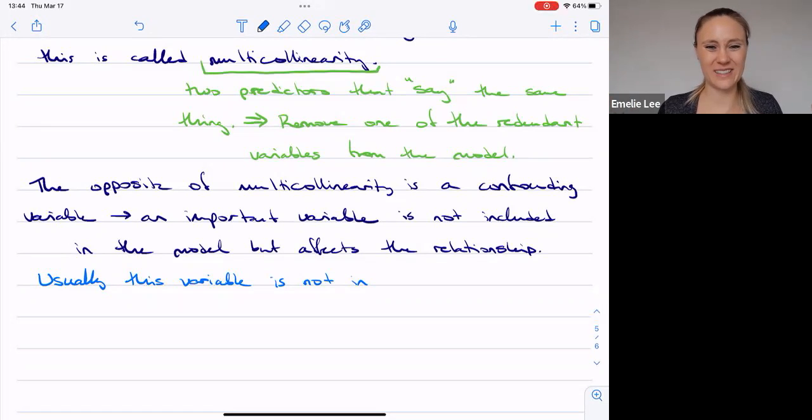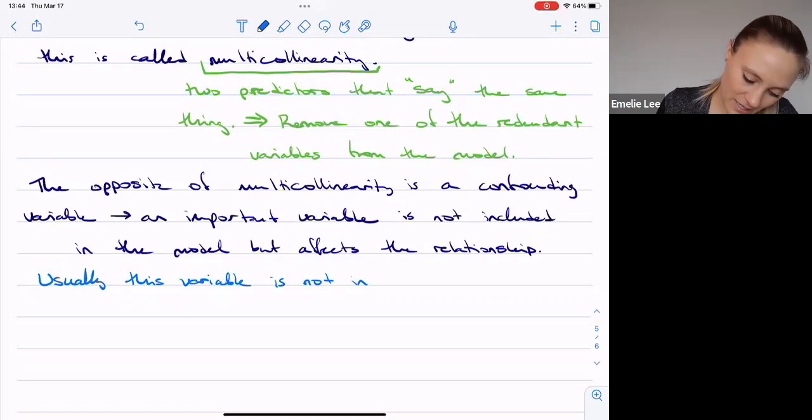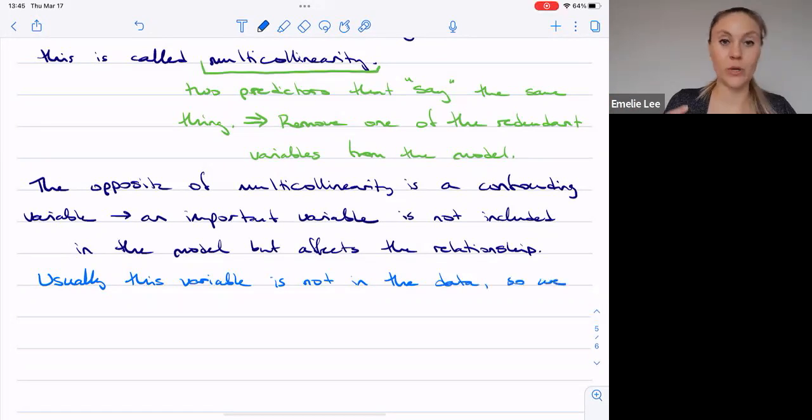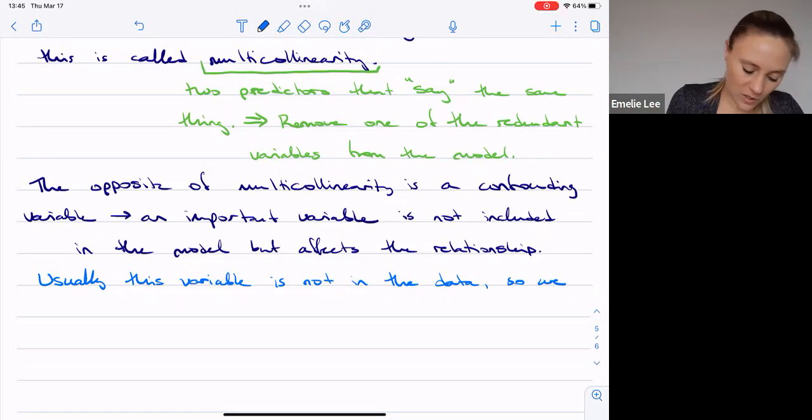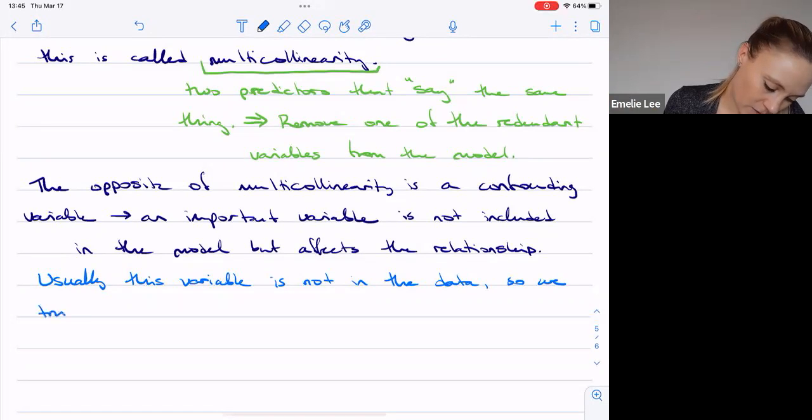And so that's usually not the case. So we would try to find a substitute, try to track down that data, but that's not likely, right? So we try to find a substitute for this variable in our data.